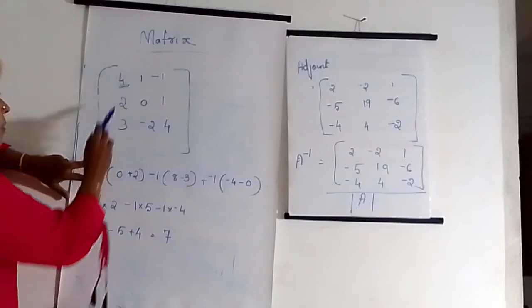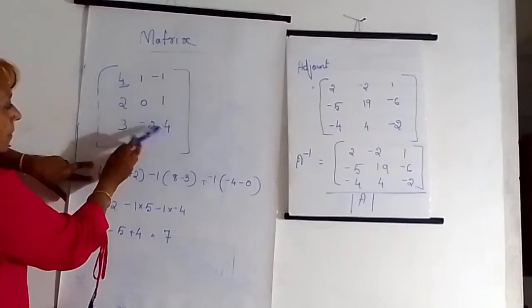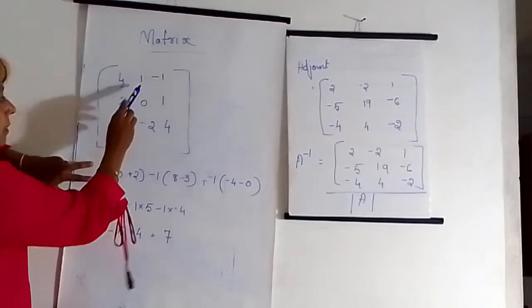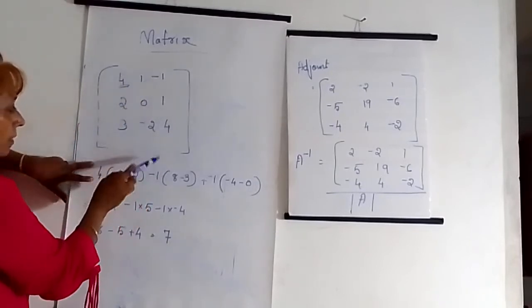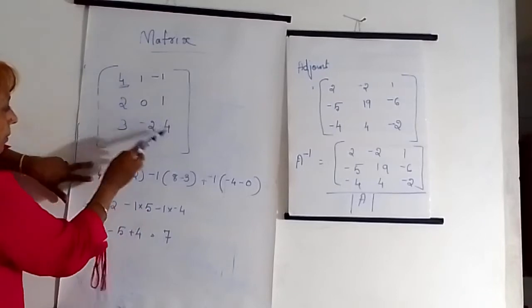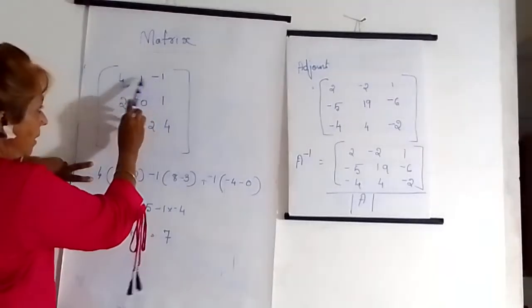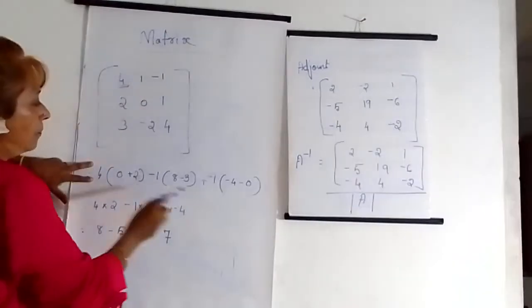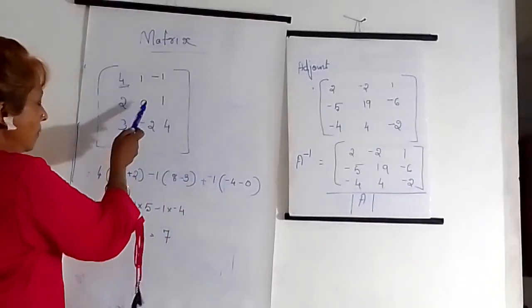So 4 into, excluding these two, it is 0 times 4 minus 2, it becomes 2. Then the next one is 1, it is minus 1 into 8 minus 3. Then positive, negative, then positive. That is why this plus sign here with the negative 1 into its minor, negative 4 minus 0.